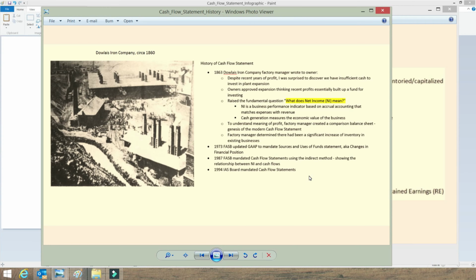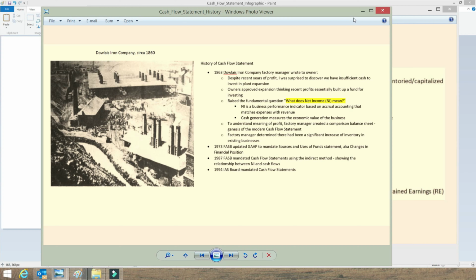So in 1987, FASB mandated more specifically that every company must produce a cash flow statement in a specific style called the indirect method, which clearly shows the relationship between net income and cash flows. It's interesting to note that later, in 1994, the International Accounting Standards Board also started mandating cash flow statements from companies operating in countries throughout the world.